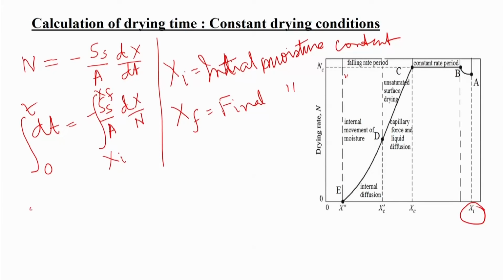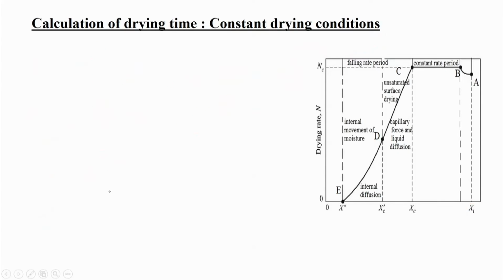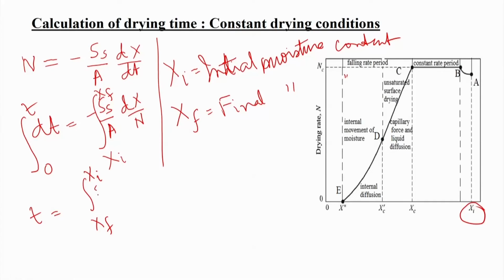So, this t will be equal to, now we will be changing this limit from xf to xi, Ss by A dx by N, and we will be converting this into two different zones.